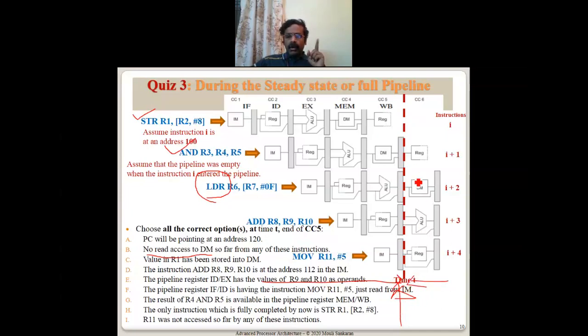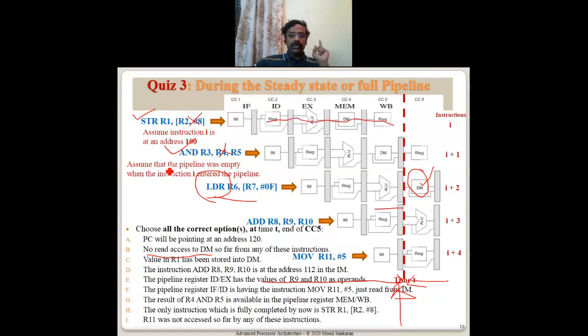Now I need to check whether this instruction has initiated the data memory access. In this stage it will do it, but only here. After time t, it will start the read operation. That means prior to that, it wouldn't have done a read operation. This also has not done, this also has not done, and I assume there are no instructions previously in the pipeline.